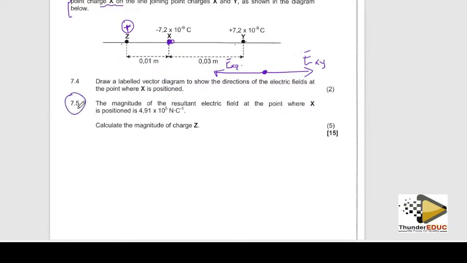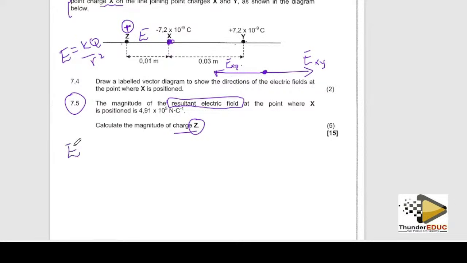Then 7.5, they're telling us the magnitude of the resultant electric field. Remember, electric field is given as KQ over R squared. So we first need the magnitude of Z. We're going to get the electric field in this direction, and then the electric field in this direction also.